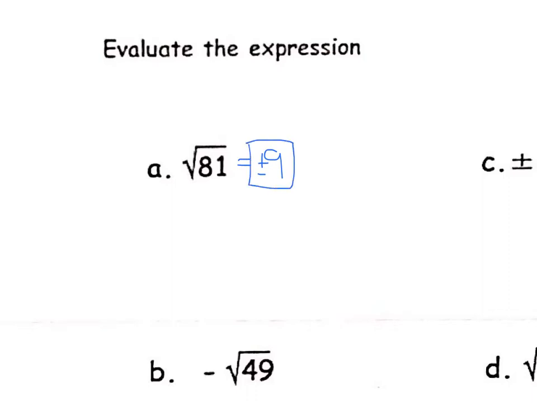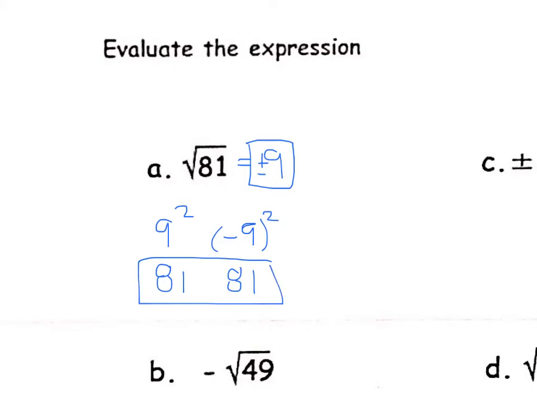The reason is because if I want to get the 81 back and I chose to square 9 or whether I square negative 9, both of them give 81. 9 squared is 81, and negative 9 squared is also 81.